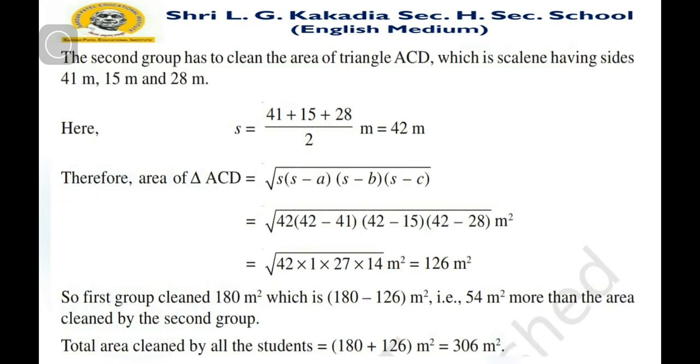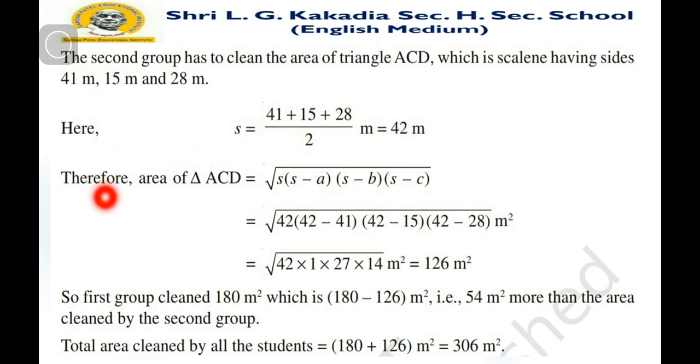Now the second group has to clean the area of triangle ACD, which is scalene, having sides 41 meter, 15 meter and 28 meter. So the semi-perimeter is equal to 41 plus 15 plus 28 divided by 2, which is equal to 42 meter.